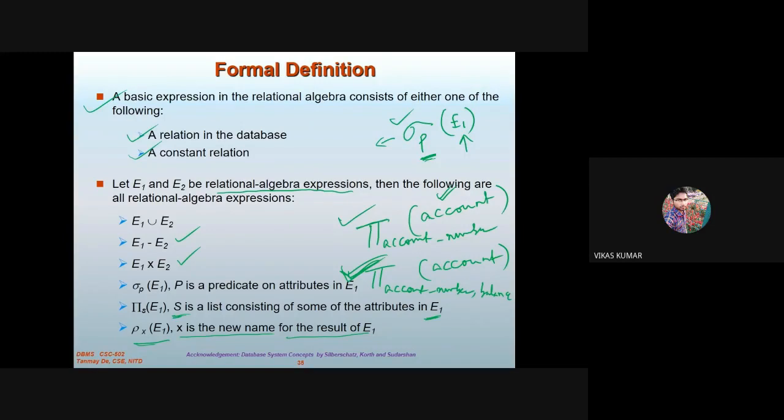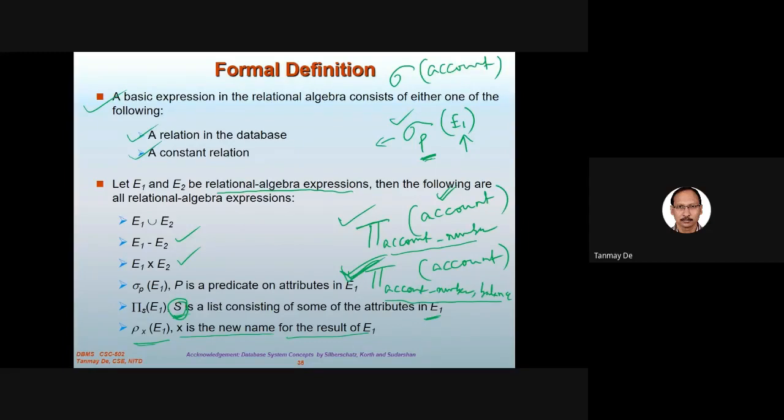Yes, sir. So in this case only one attribute, account number, and in this case account number and balance. That is some of the attributes. But if we write only sigma account, with no condition, then what is the outcome?